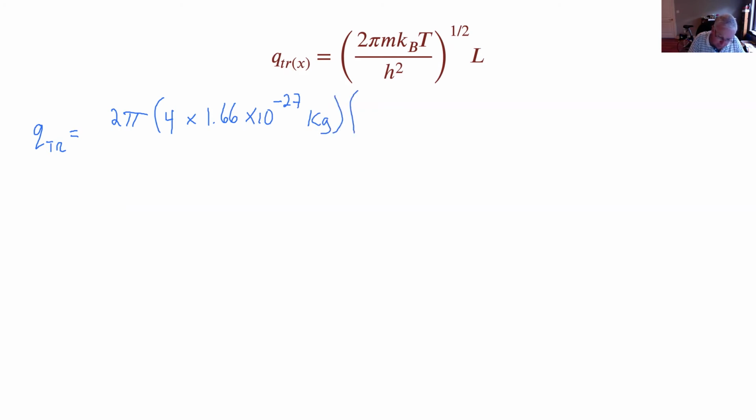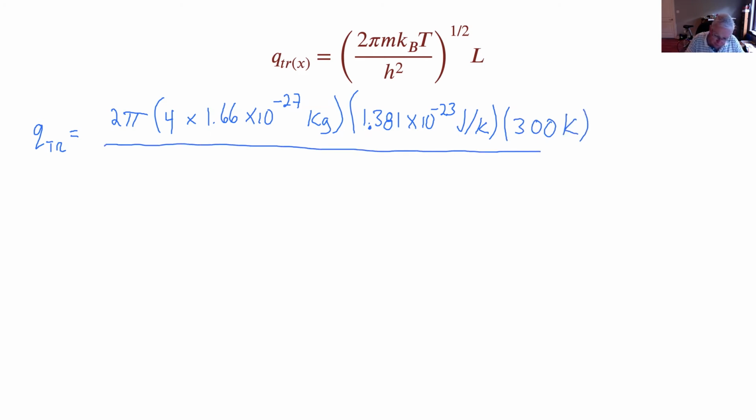I get Boltzmann's constant, 0.381 times 10 to the minus 23rd. That's in joules per Kelvin. I get the temperature. I'm using 300 Kelvin for the temperature. I don't think I put a temperature on the previous slide, but I should have.